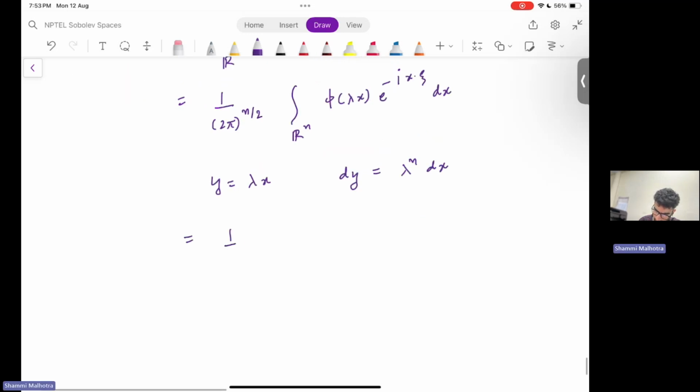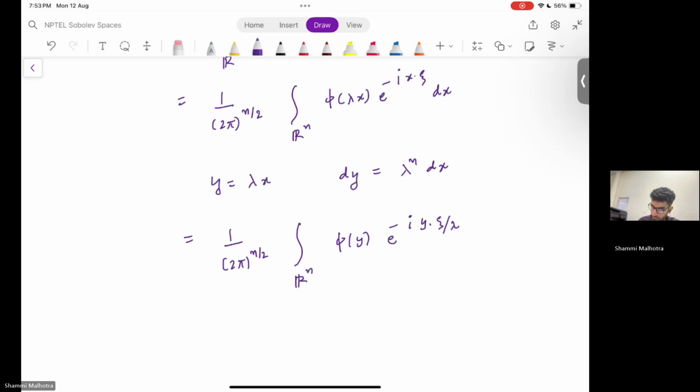This is nothing but 1 upon (2 pi) raised to the power n by 2, the integration over Rn only, phi y e to the minus iota y dot xi by lambda, times lambda to the power minus n dy.